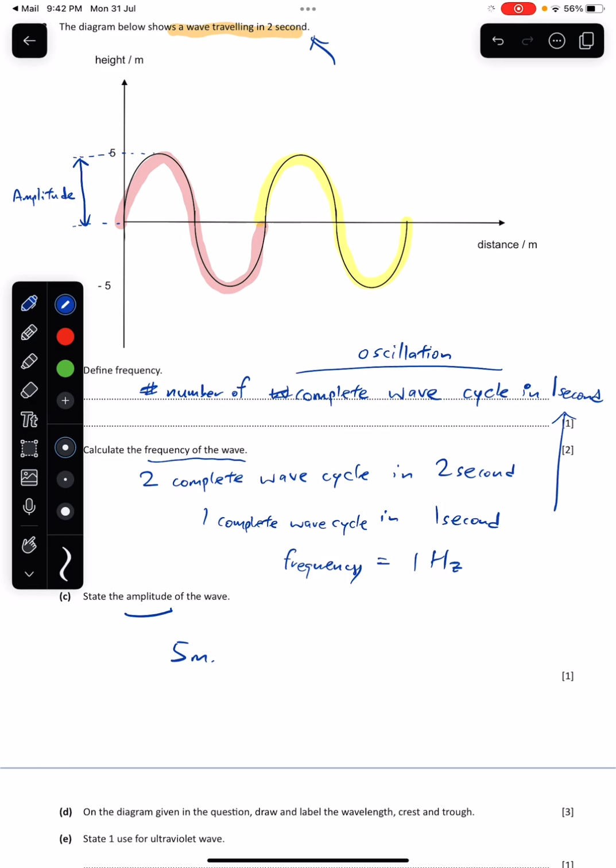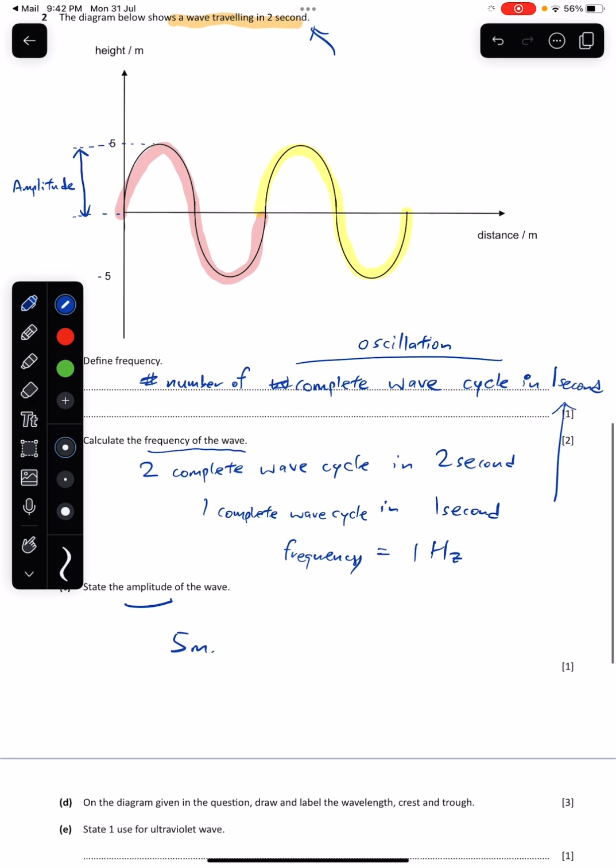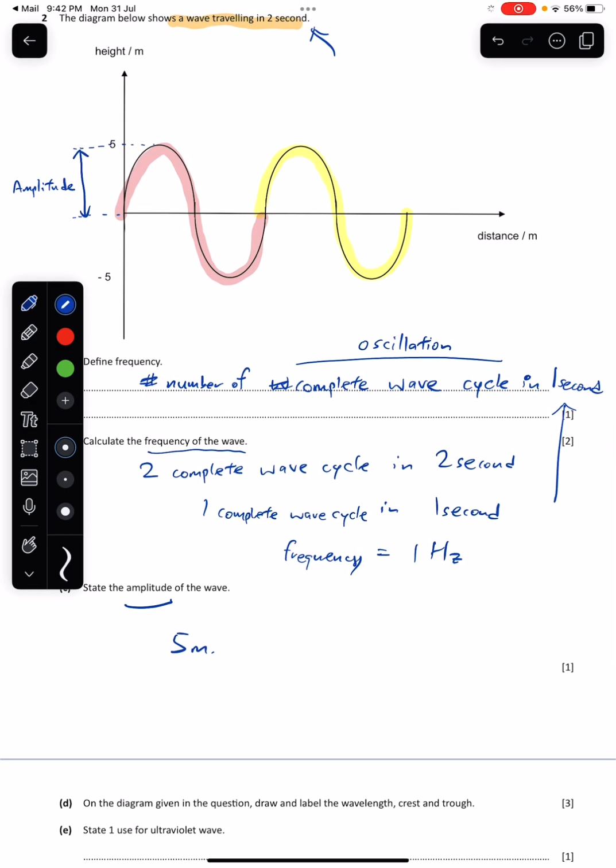I don't need you to draw. Okay, next. You are supposed to draw and label the wavelength. So how do you label the wavelength? So it could be here. This could be your wavelength. Can there be other answers? Of course.